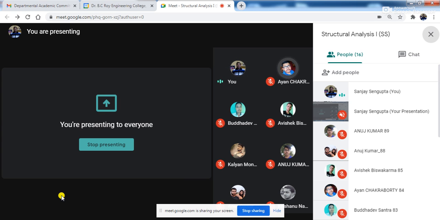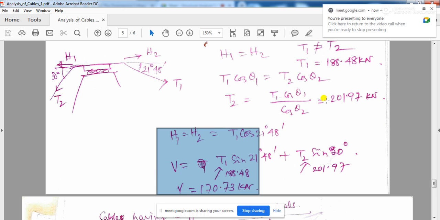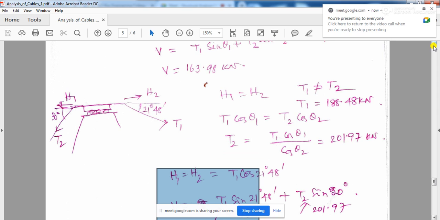Okay, so if it is clear, then you see there is this type of cable, it's a very simple case where both the supports are at the same level, right?